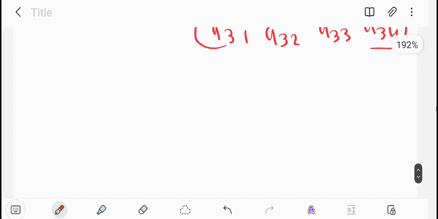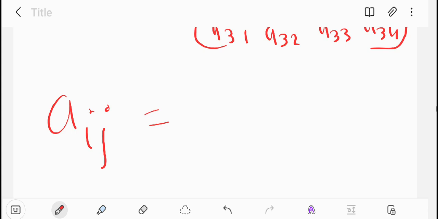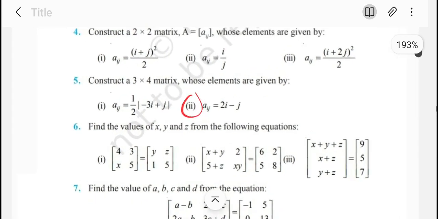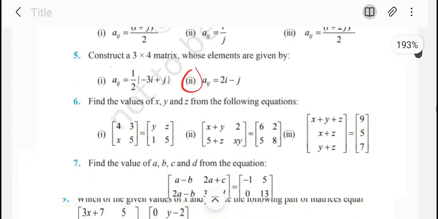Now simply using the formula, what is the formula given to me? Let's check in the question. Yes, the formula given to me is 2i minus j. Again I am repeating what I will do: I will simply substitute the values of i and j from my general matrix into this formula, and I will get the entries.